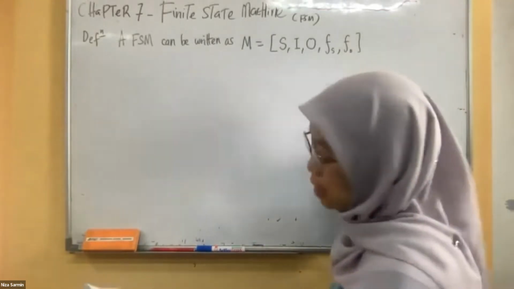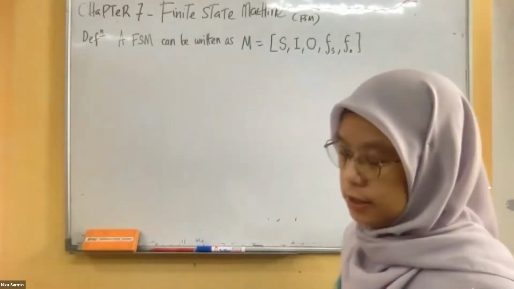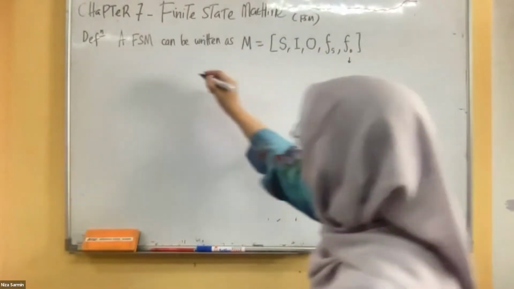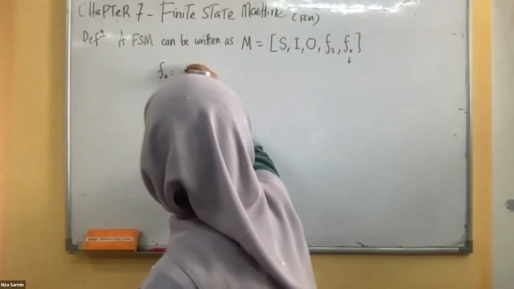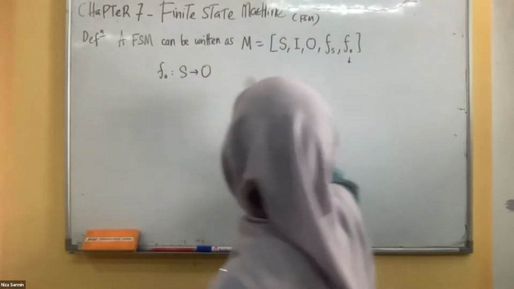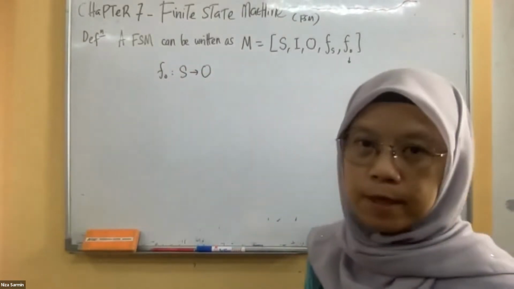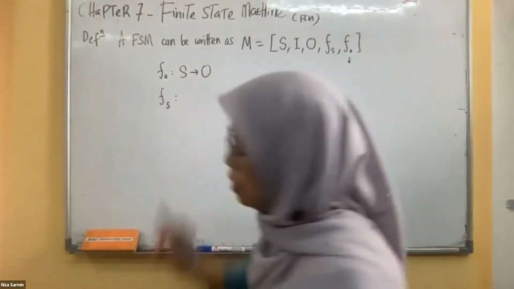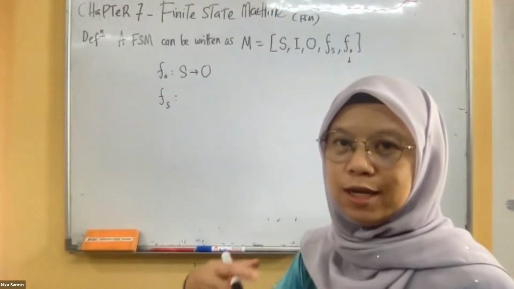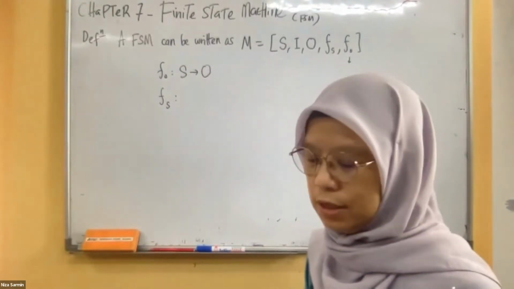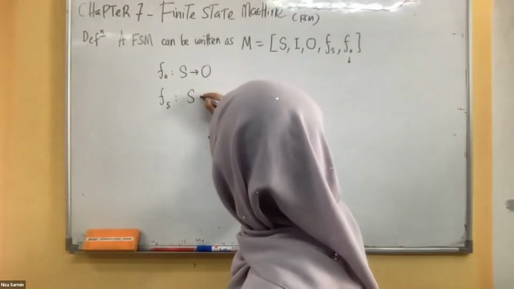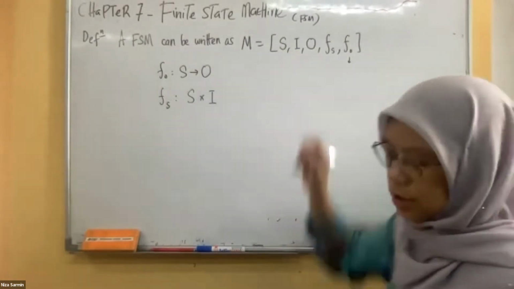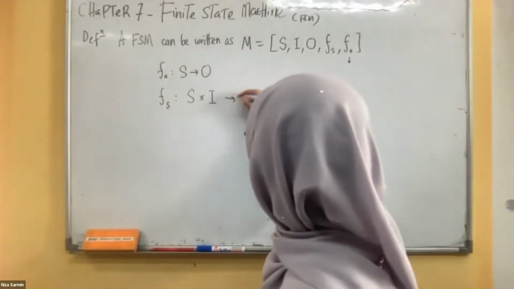And this function Fo is the output, so the output is from S to O. And the function, we call it a next state function, is from S cross I to S.